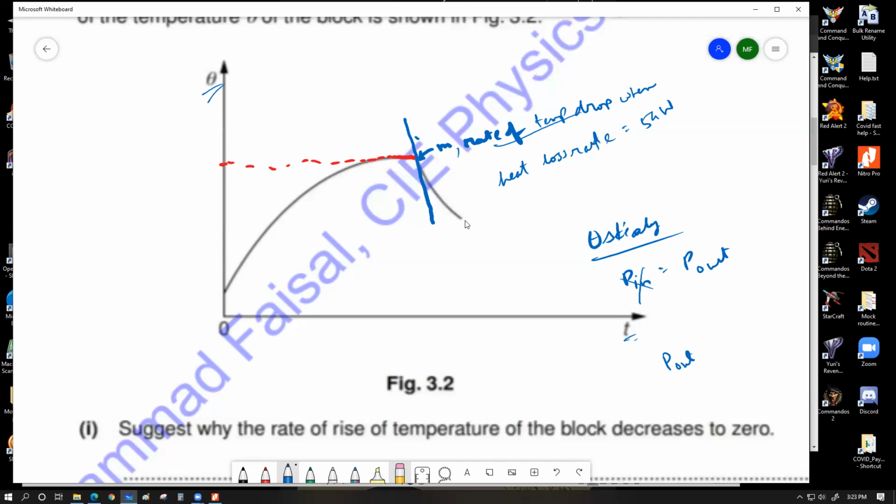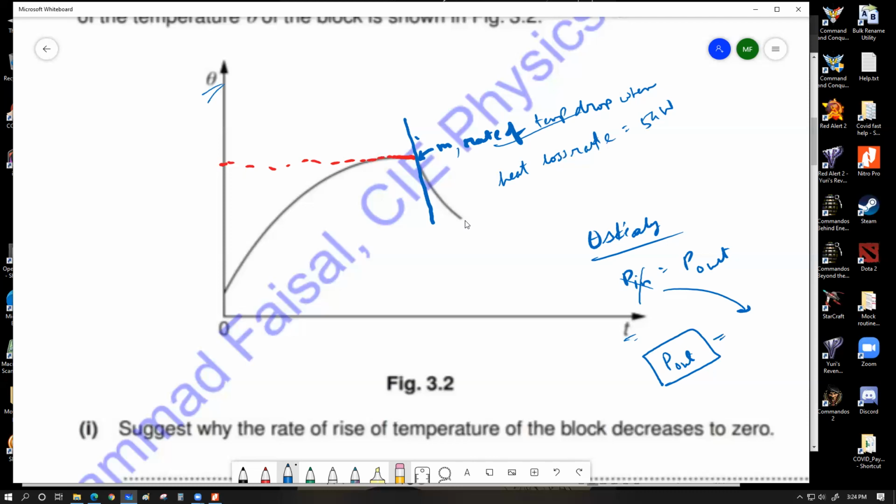At the instant when the switch is turned off, you have to understand that the steepest point of the curve is basically the starting point of this downward decreasing graph. At this exact point, the rate of heat loss should be exactly equal to the rate of heat in, which we provided from the heater. 54 watt was the maximum rate of heat supplied. So at the instant when the power was switched off, the rate of heat loss should also be 54 watt.